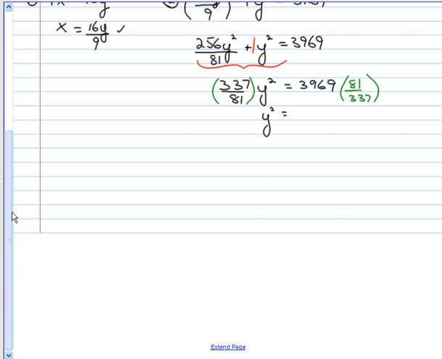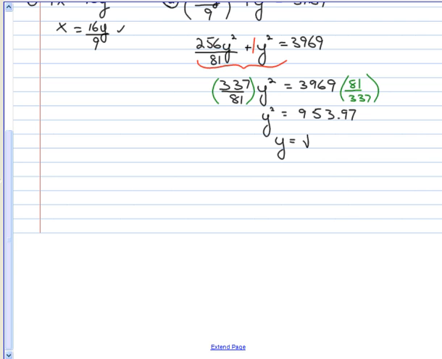And when you do that, since they're wanting us to go to decimals, I'm going to go ahead and go to a decimal at this point. It's 953.97. So I want y instead of y squared. So I take plus or minus the square root.